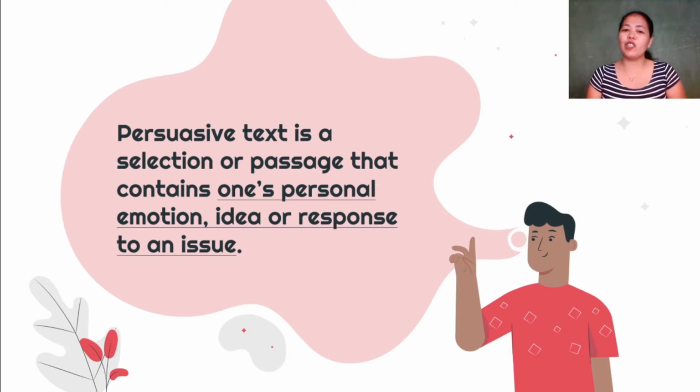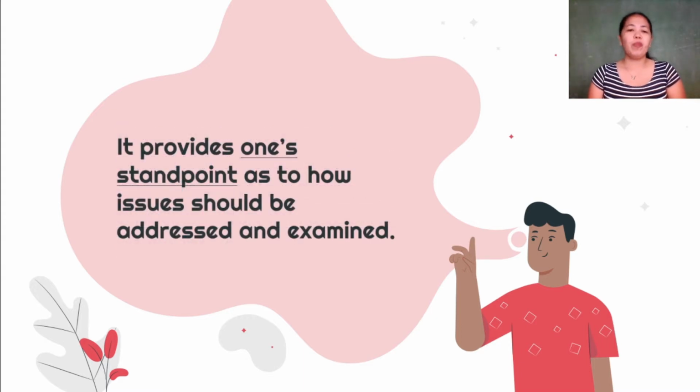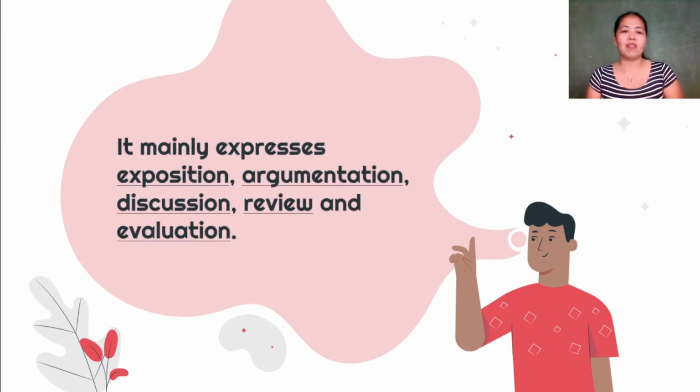It is a selection or passage that contains one's personal emotion, idea, or response to an issue. It provides one standpoint as to how issues should be addressed and examined. It mainly expresses exposition, argumentation, discussion, review, and evaluation.